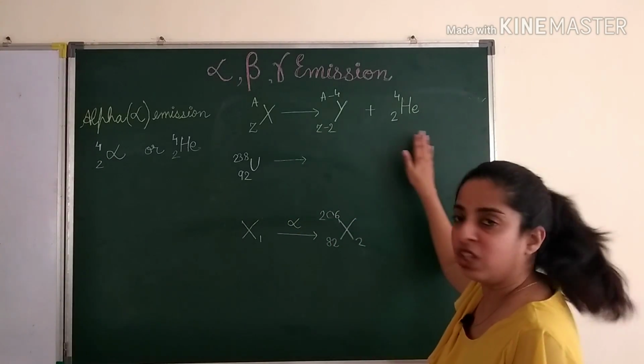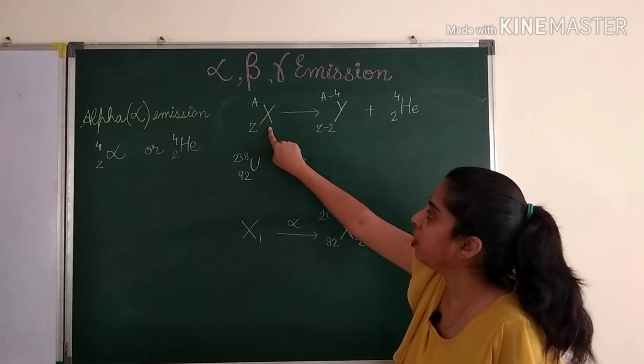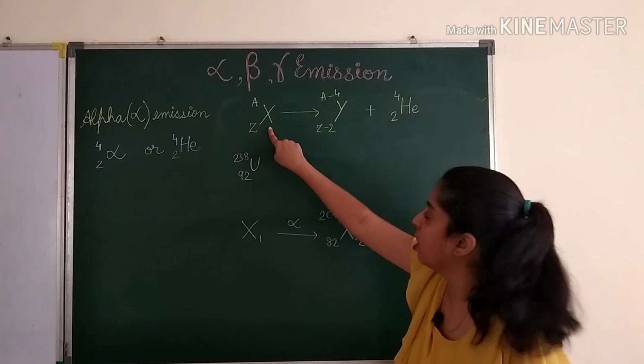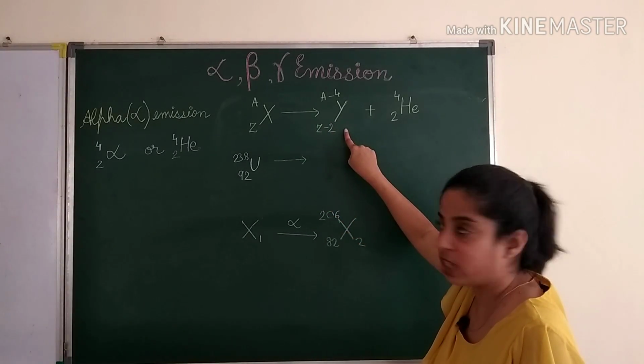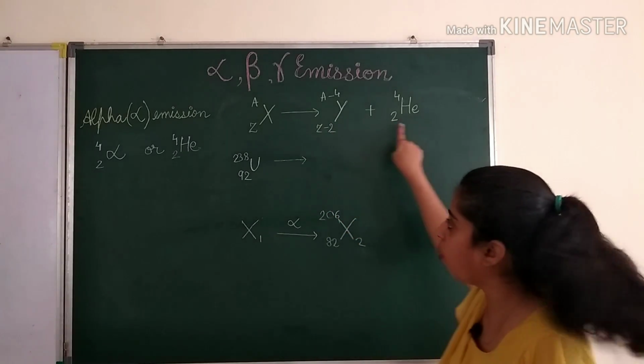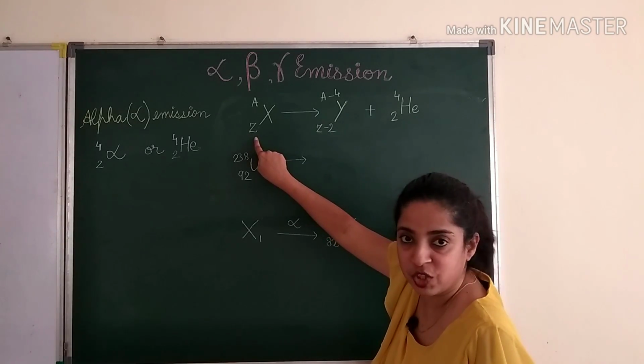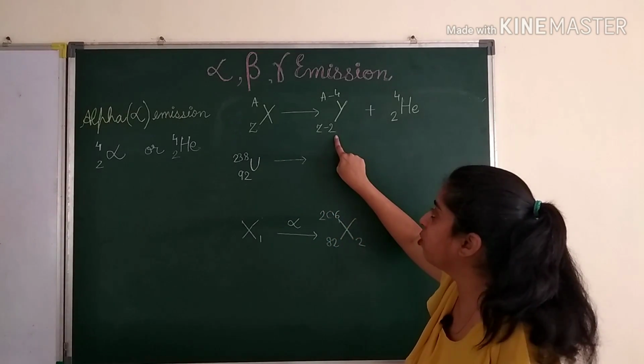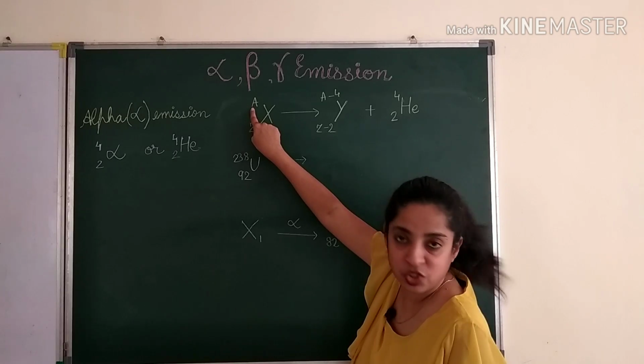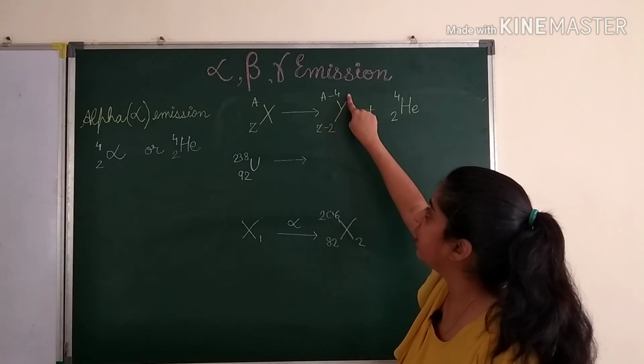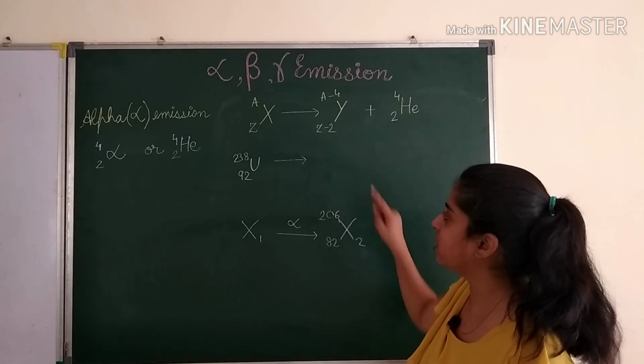So see here the general formula. Whenever a parent nucleus X converts into a daughter nucleus Y by emission of a helium particle, the atomic number, represented by Z, is reduced by 2 and the mass number, represented by A, is reduced by 4.